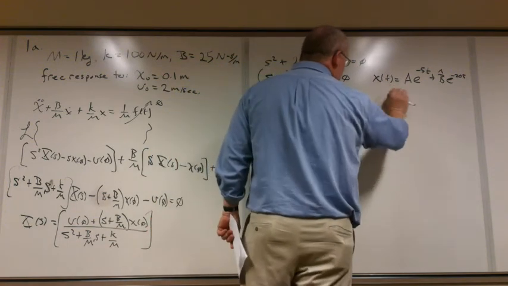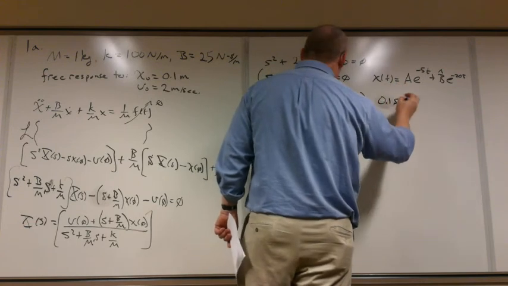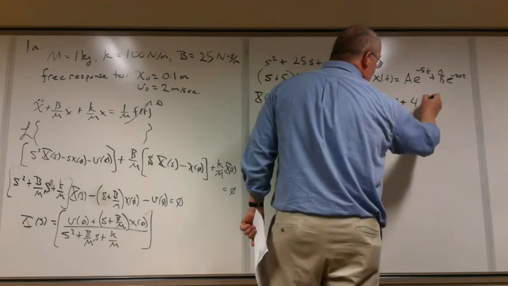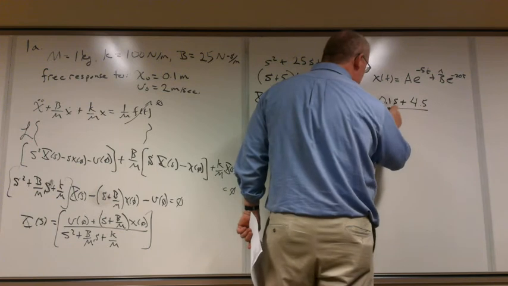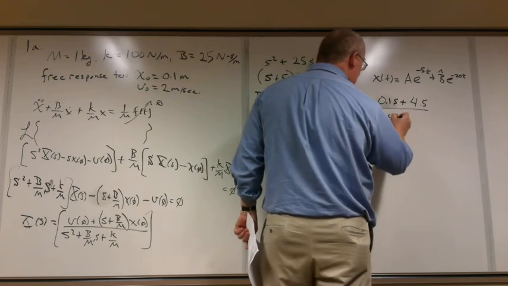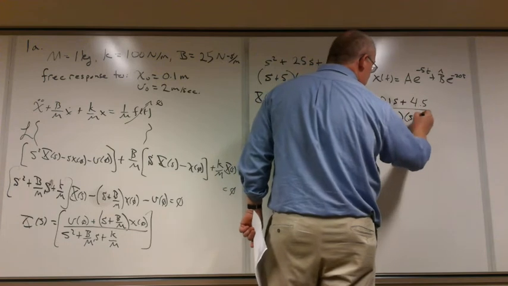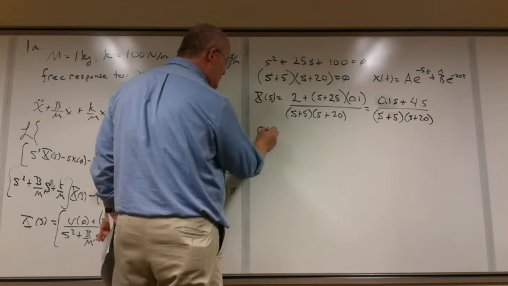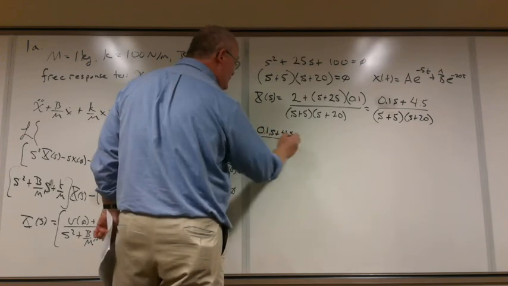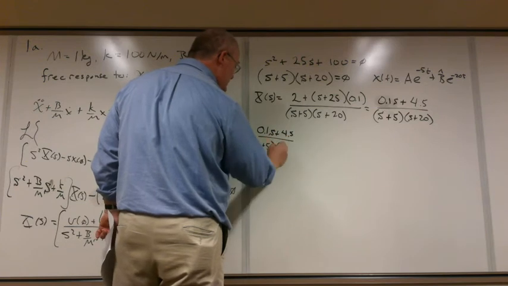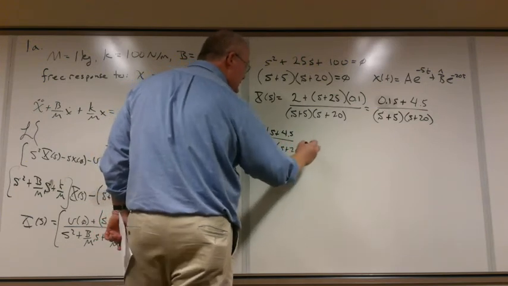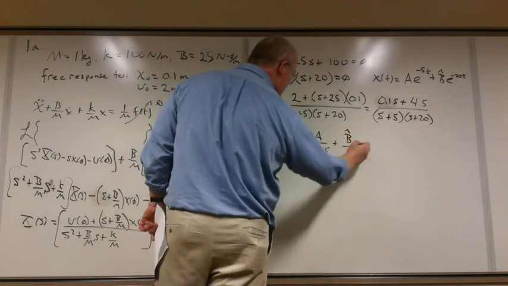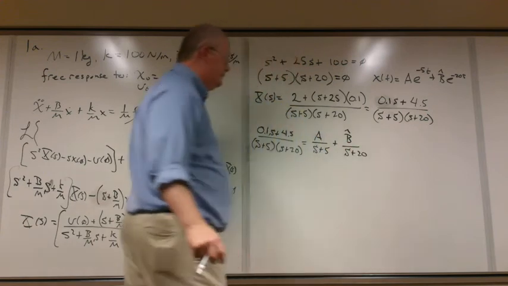We have 0.1 s plus, 2 plus 25 times 0.1 is 2.5, so that's plus 4.5, all over, instead of s squared, we'll do this as s plus 5 times s plus 20. And so what we're saying is 0.1 s plus 4.5 all over s plus 5 times s plus 20 is equal to a over s plus 5 plus b hat over s plus 20.